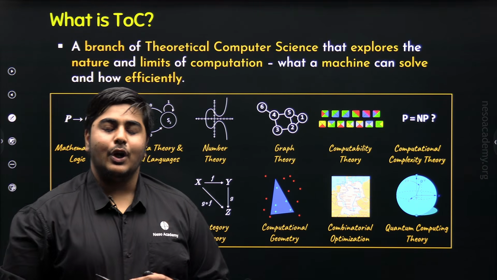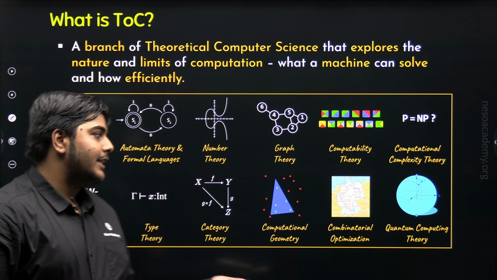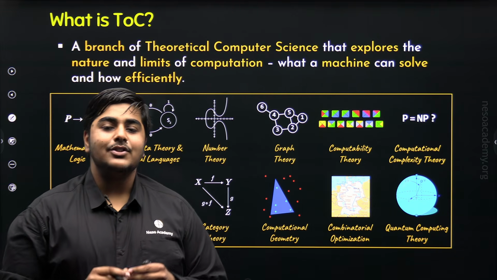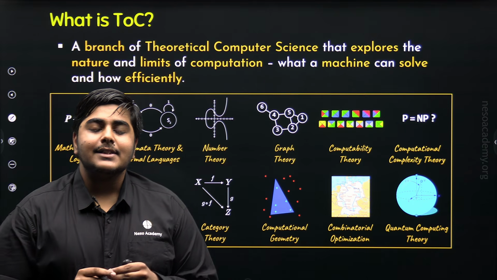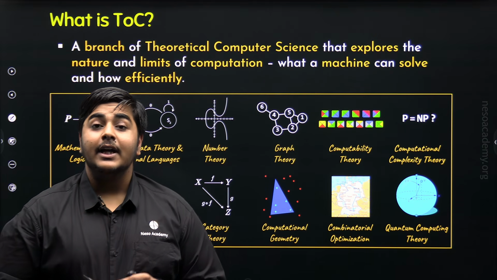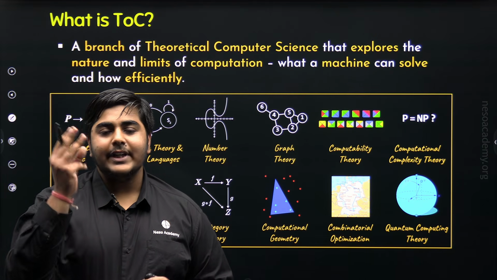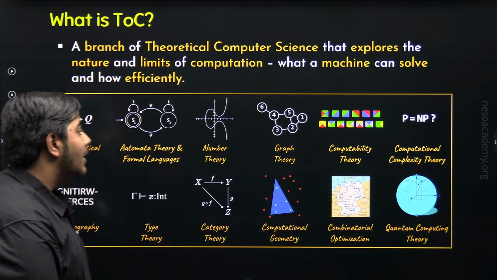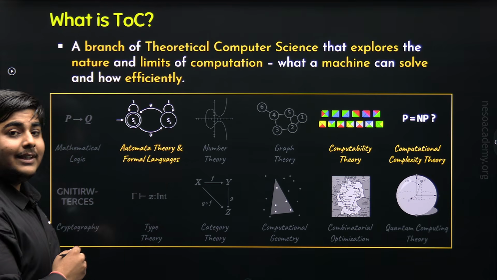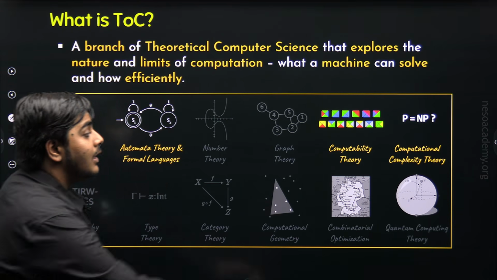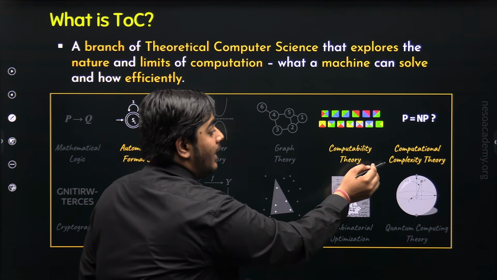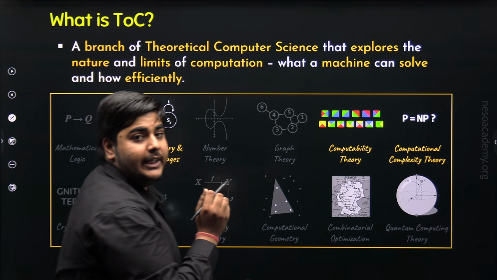Now coming back to your question, where is TOC in this list of subjects? So actually, TOC is not just a single field of study. It comprises three subjects of theoretical computer science. That are number 1, automata theory and formal languages, number 2, computability theory, and number 3, computational complexity theory.